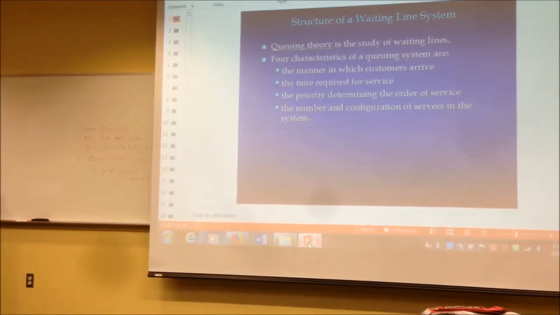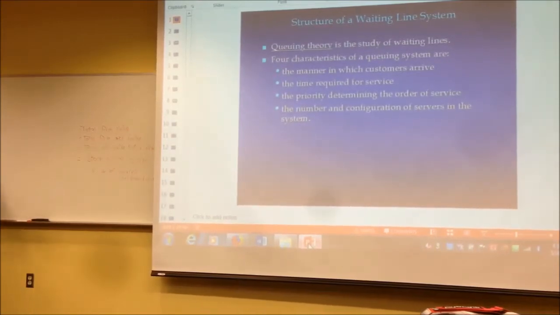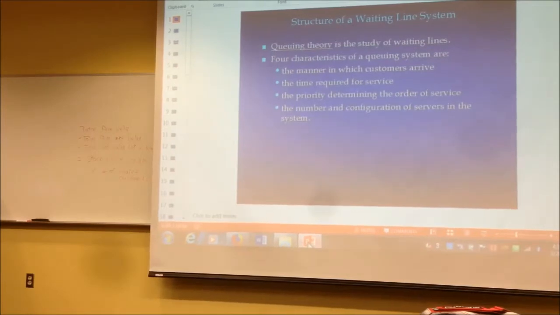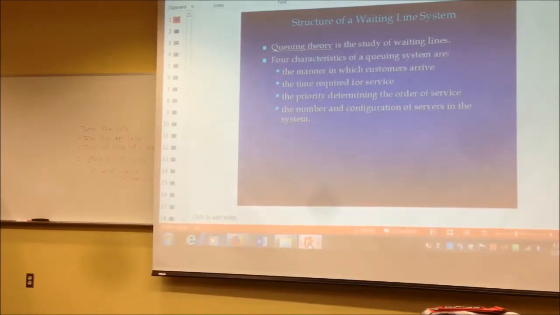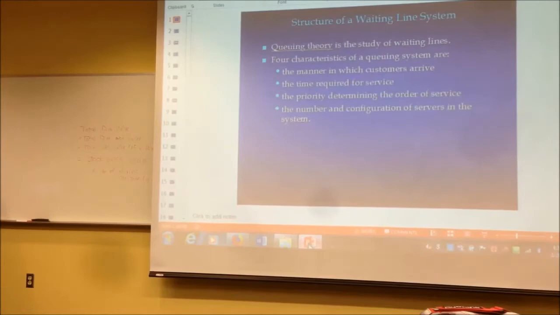Arbitrary. The big hint to recognize a problem that's talking about arbitrary service is that this is the only one that will state the service variance as a standard deviation or variance. Let me repeat that.